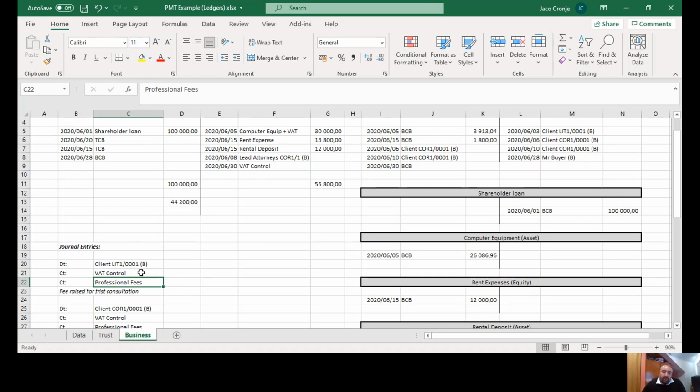Now, on journal entries, what the accounting process normally is, you will draft your journal in your primary ledger, and then you will post this journal into all of the different little T accounts that are affected by it. But I find it difficult to remember which legs should be debited and which legs should be credited.